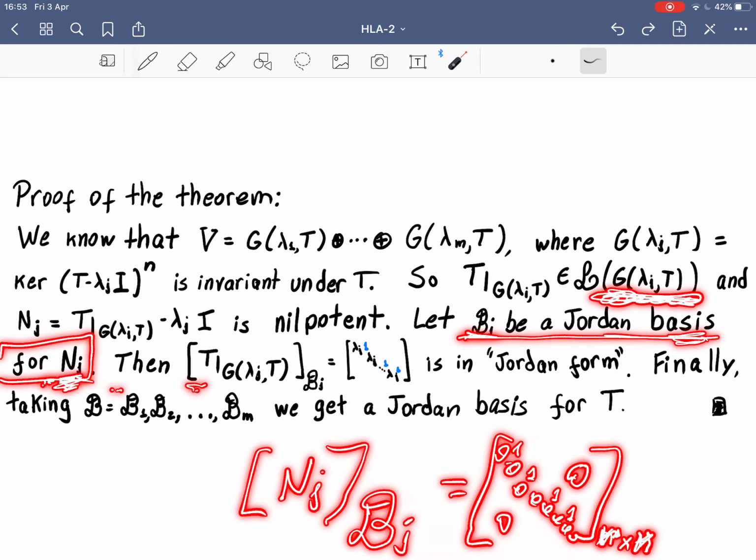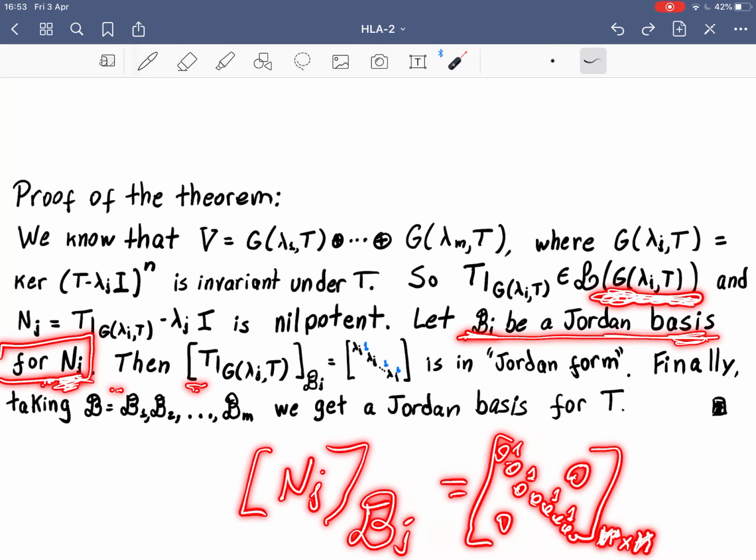Okay? So again, T restricted to this subspace, which is invariant. So vectors in this subspace, when we take T, they stay in the subspace. If we take them with respect to this basis Bj, it is like this. So now what do we do?